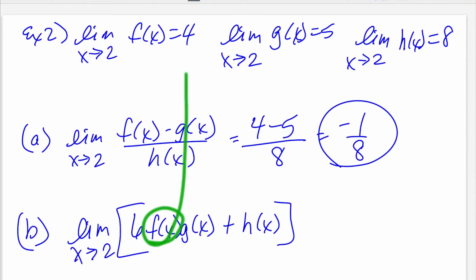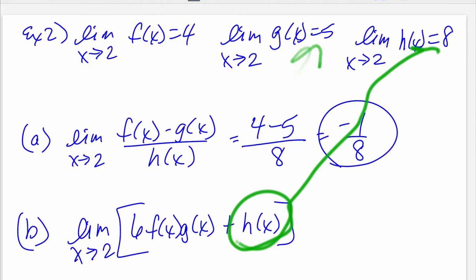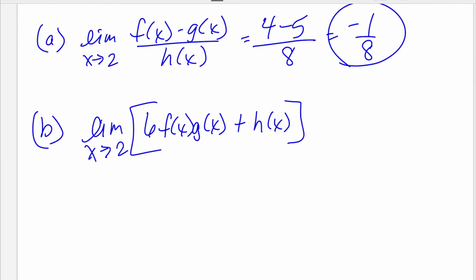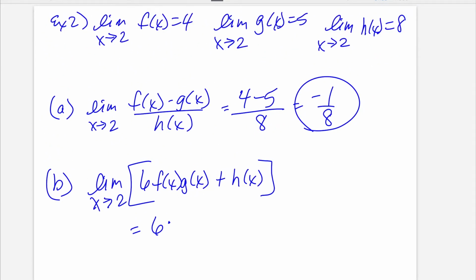F of x is represented by a 4. G of x is represented by a 5. And h of x is represented by an 8. Not a 2, but an 8. So this is equal to 6 times 4 times 5 plus 8.